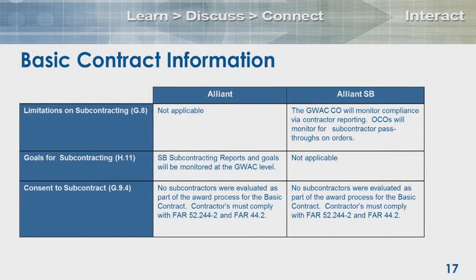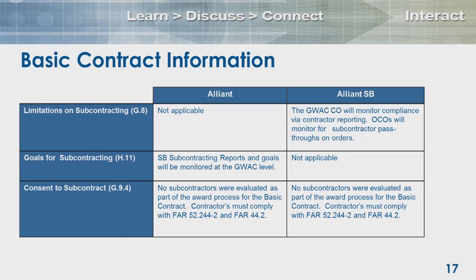Limitations on subcontracting. There is a limitation under Alliant Small Business. The GWAC contracting officer will monitor compliance through contractor reporting, so OCOs will monitor for subcontracting pass-through for orders.